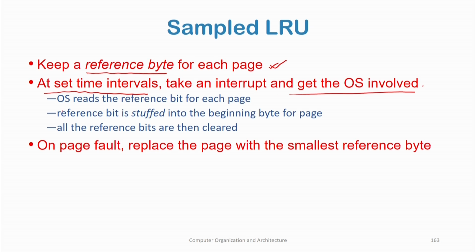The OS reads the reference bit of each page, and the reference bit is stuffed into the beginning of the byte for the page. All reference bits are then cleared. So, on a page fault, I replace the page with the smallest reference byte.